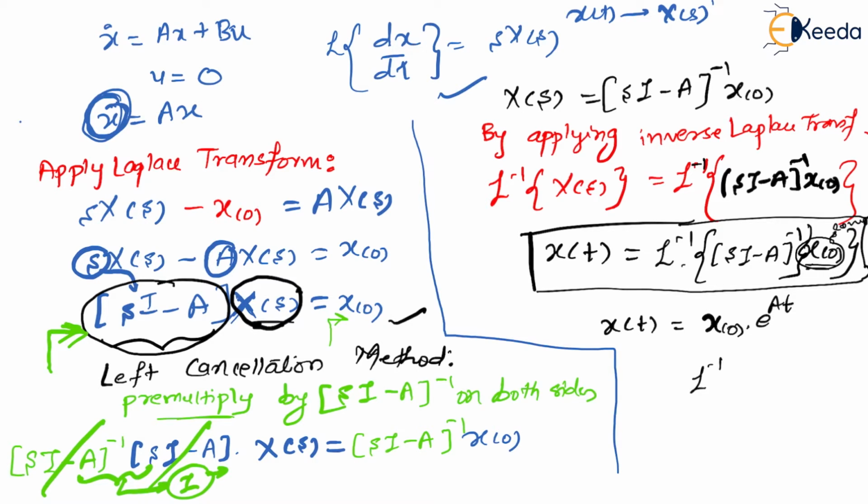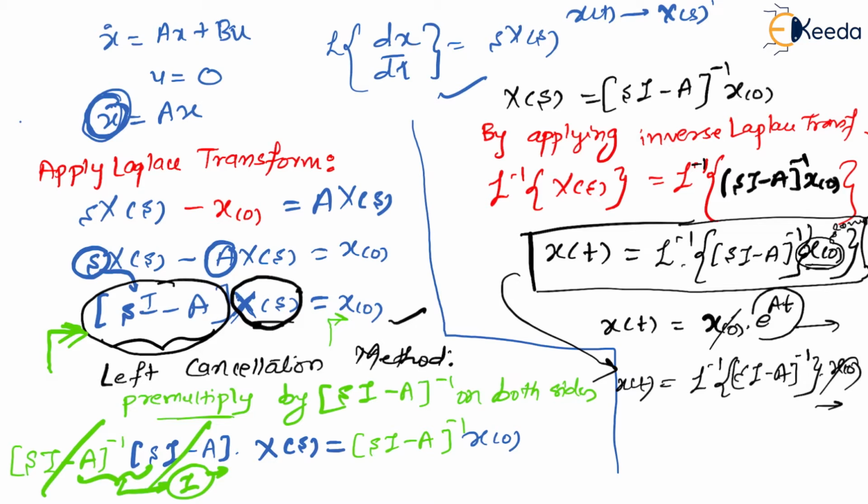So basically, if you just compare, it becomes Laplace inverse of (sI minus A) inverse into X(0), which is nothing but X(t), because X(0) is just a constant and it will come out of that bracket. Now if you compare these two equations, what do you get? The X naught are the same. The only thing is that e raised to At is nothing but Laplace inverse of (sI minus A) inverse.